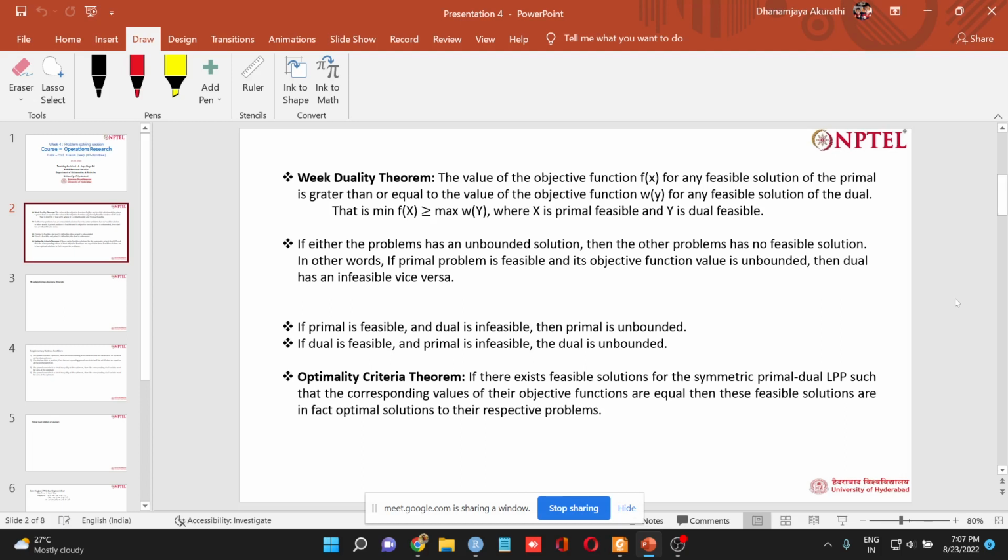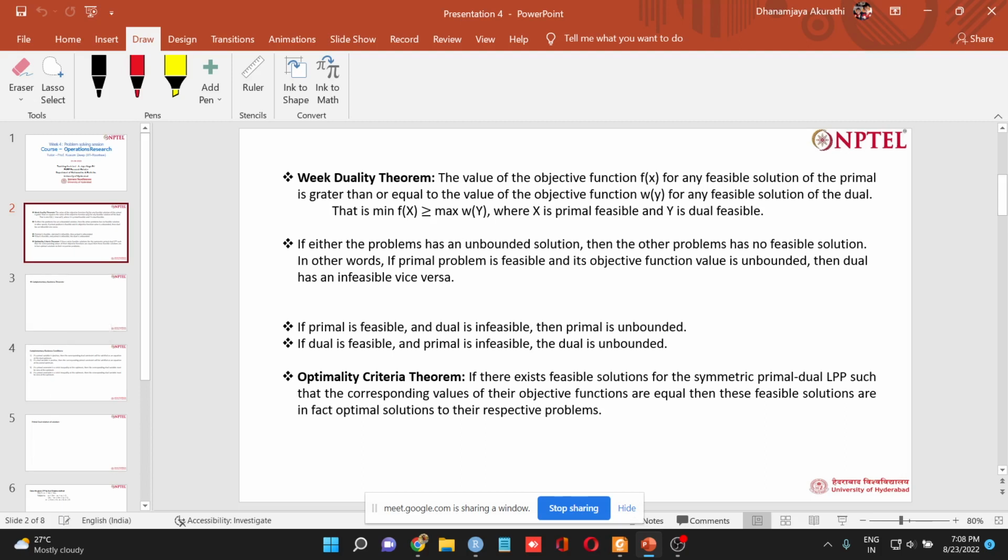Without solving the dual, we can say that if the primal is unbounded, then the dual is infeasible, and vice versa. At the same time, if the primal is feasible and the dual is infeasible, then the primal is unbounded. In the reverse statement also, if the dual is feasible and the primal is infeasible, then the dual must be unbounded.